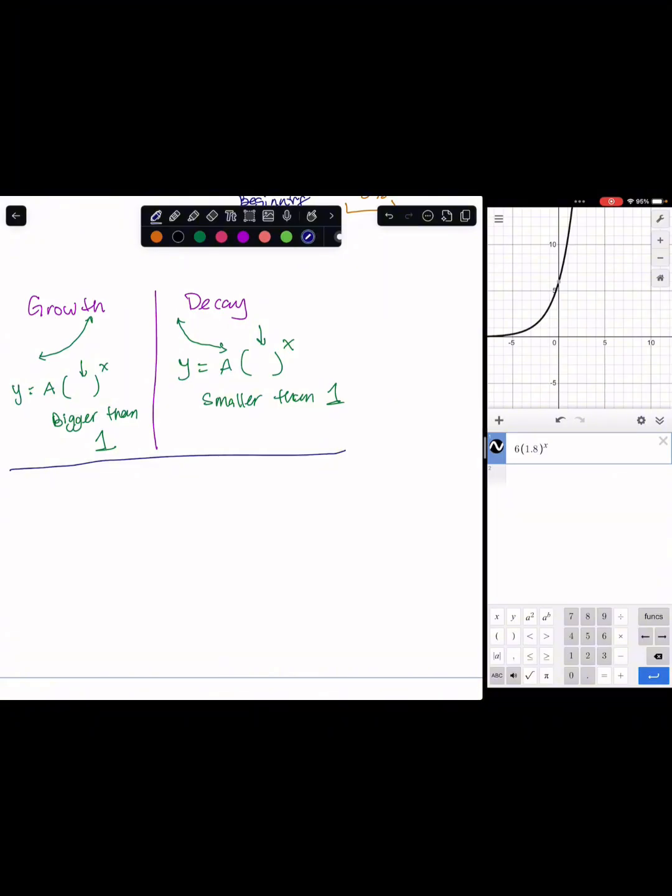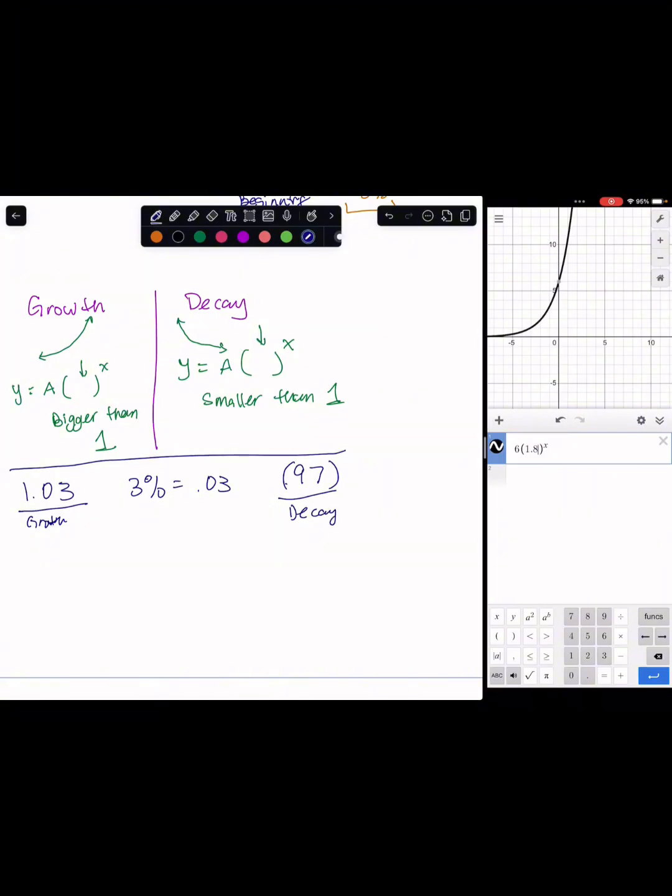If I wanted a growth of 3%, that's going to be $1 plus the 3%. Because remember, 3% is the same as 0.03. So I added it to 1. For a decay, I take that 3% from 1. So this right here is a growth of 3%. This is a decay of 3%.